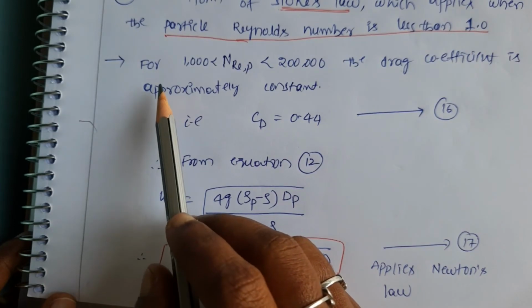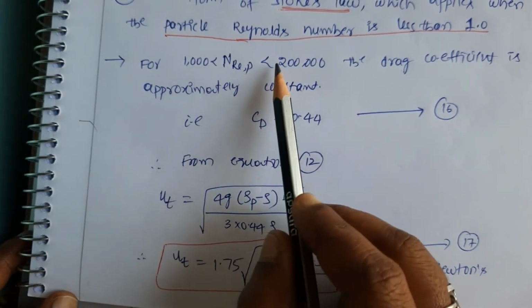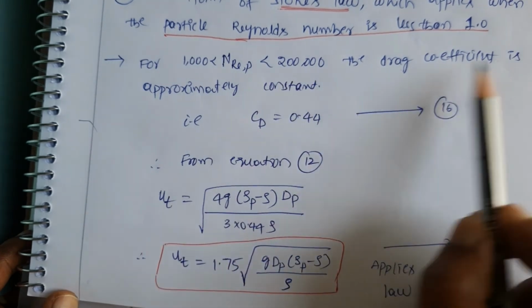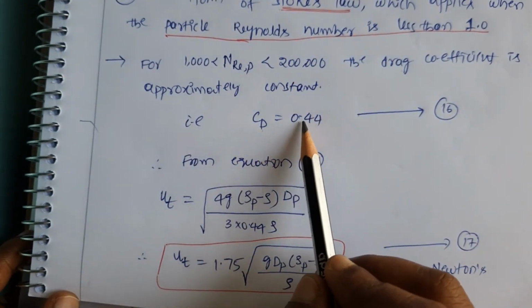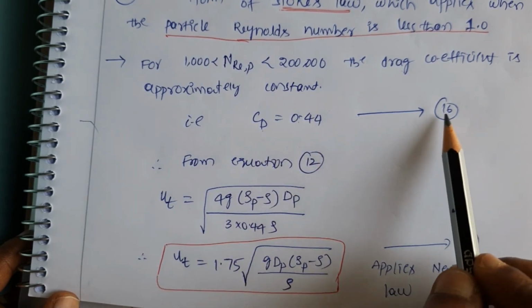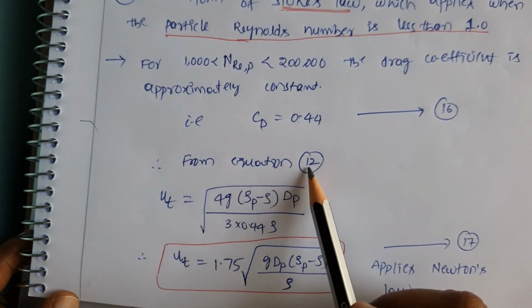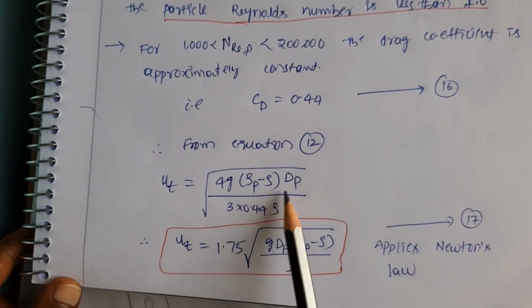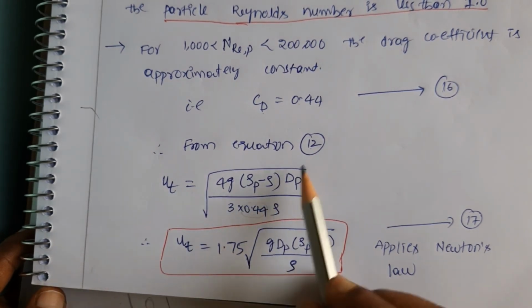So for the case of higher Reynolds number, that is, Re of the particle greater than 1000 and less than 2 lakhs, the drag coefficient is approximately constant, that is, Cd equals 0.44. Okay, so by substituting this equation number 16 in equation 12, this is the drag coefficient term in equation number 12.